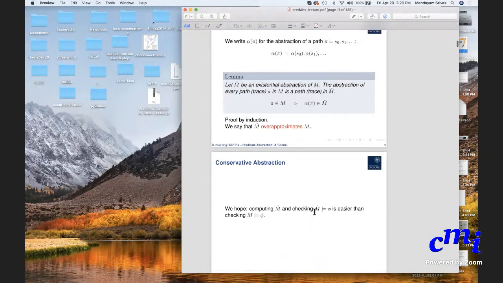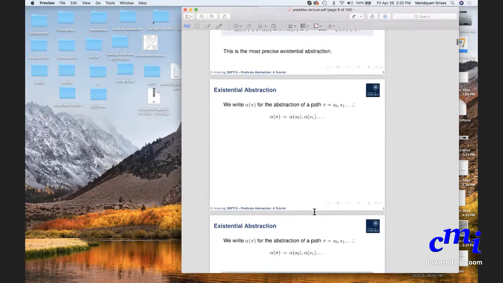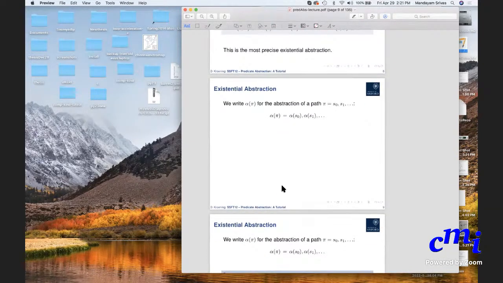With these two conditions, if it is an existential abstraction, then it ensures that it is a conservative abstraction, conservative in the sense that it's an over approximation, that every path in the original system is simulated in the abstract system as well.